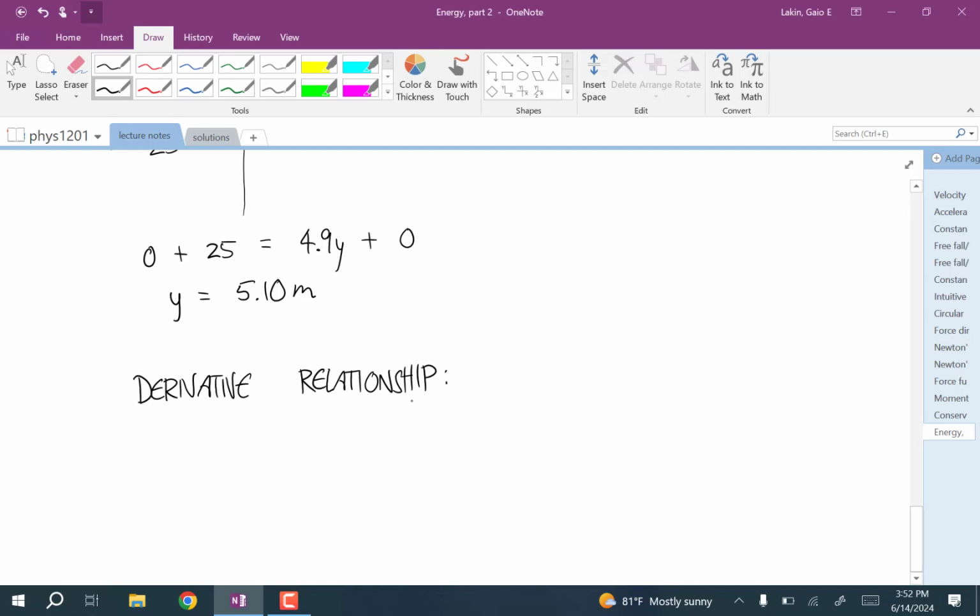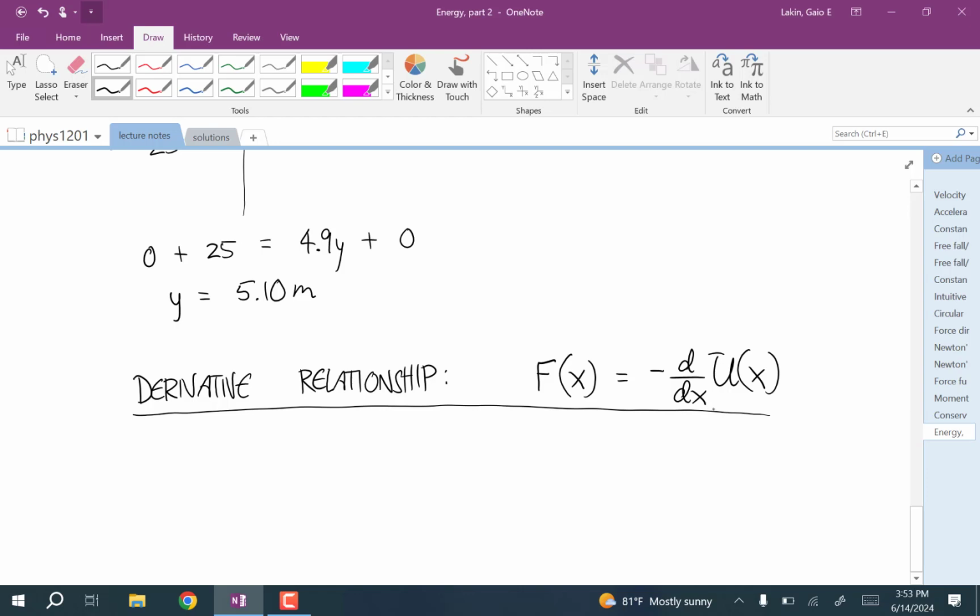And this derivative relationship says that the force as a function of x acting along a line is equal to the negative of the derivative with respect to x of the potential energy function. So if you have the potential energy function along a line, you can always use that to calculate the force.